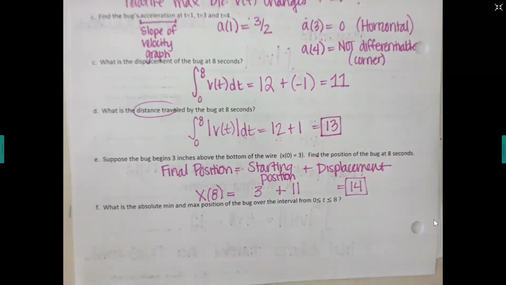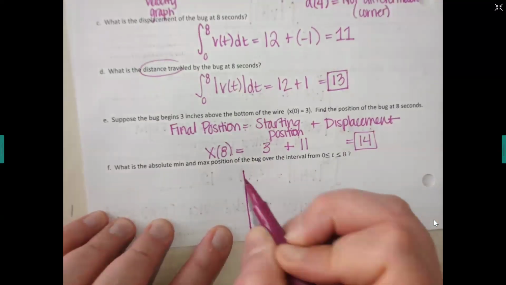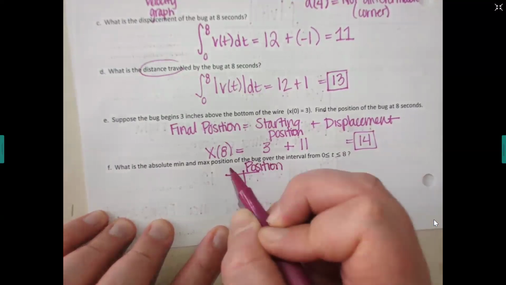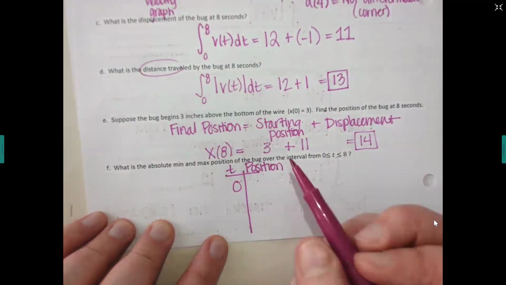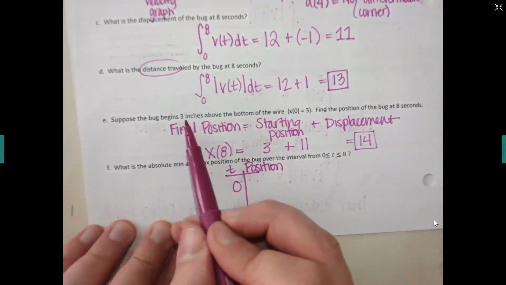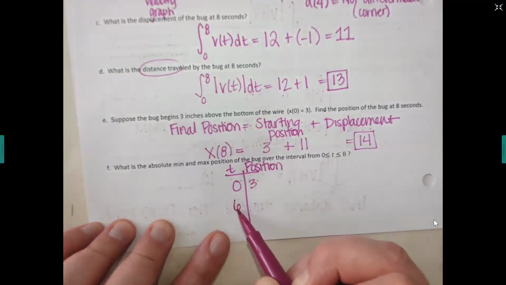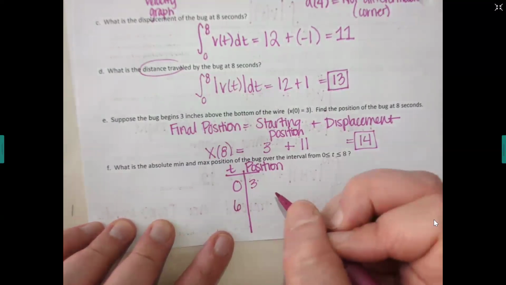Let's go ahead and do a little chart for F. Make me a little position chart here. At 0, what did they tell me the position was? They gave it to us here. Yeah, it was 3, right? Okay, by 6 seconds, your bug had accumulated the whole trapezoid, which was how much area? 12.